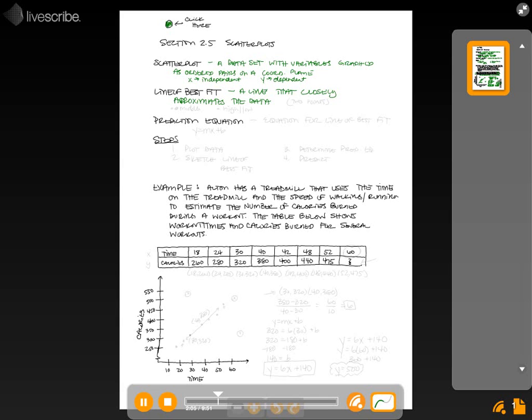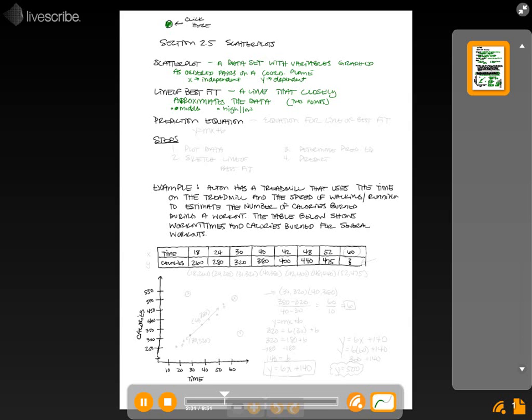Alright, and you need to sketch it through 2 points, at least 2 points. And the reason we pick 2 points is so that we can get a slope for the next one here, our prediction equation. But it has to go through at least 2, and there's a couple different ways you can do it. You can kind of go through the middle of your data. You can pick the high and the low.